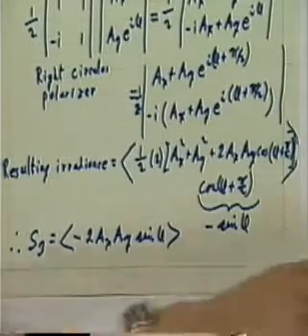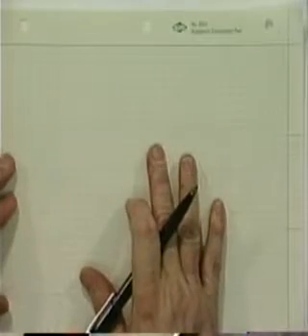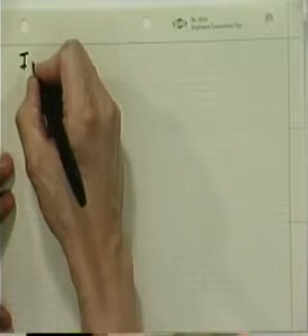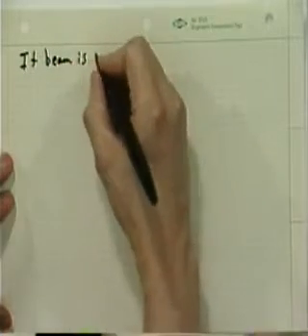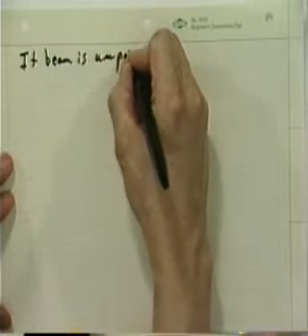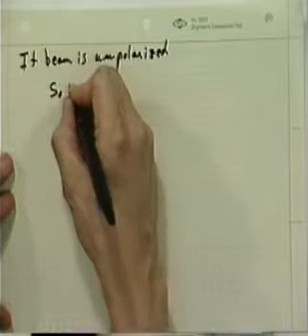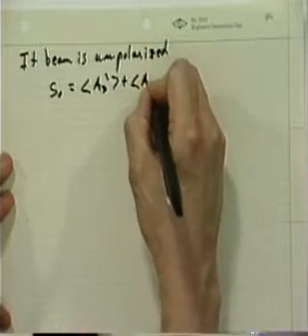So any other questions on how we went through this to get these results? I'm going to state a few things here about the Stokes vectors. If the beam is unpolarized, S naught is a sub x squared plus a sub y squared.